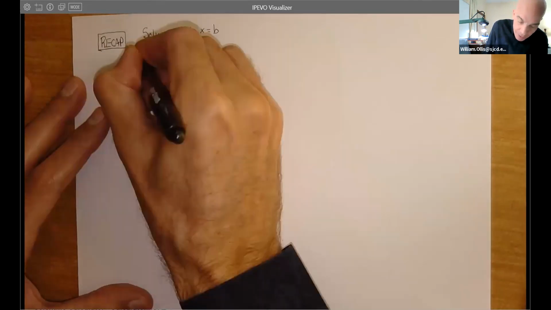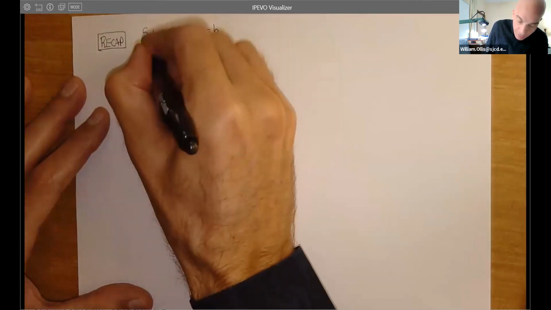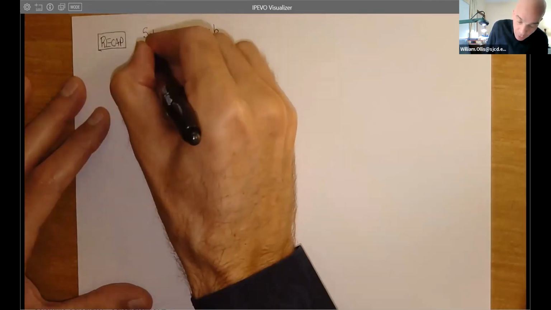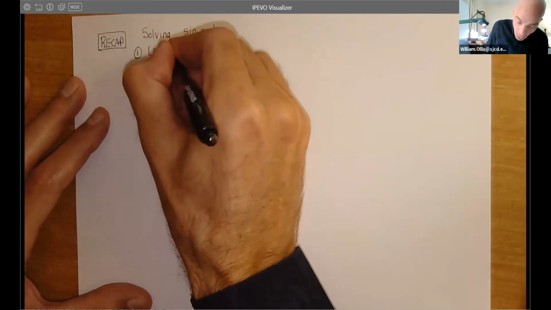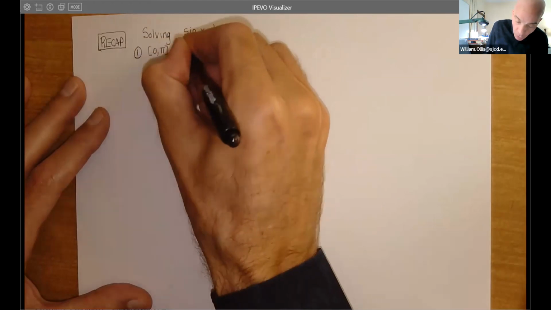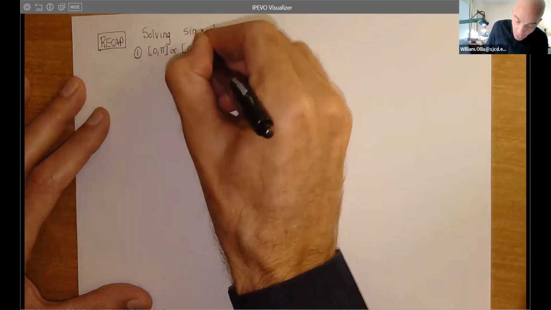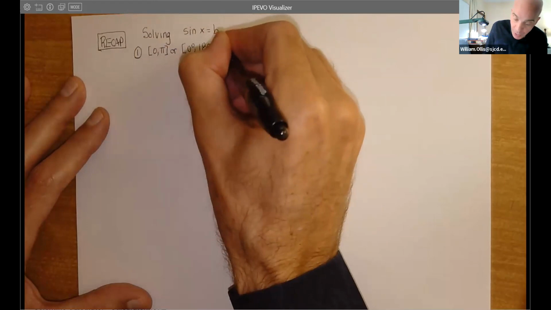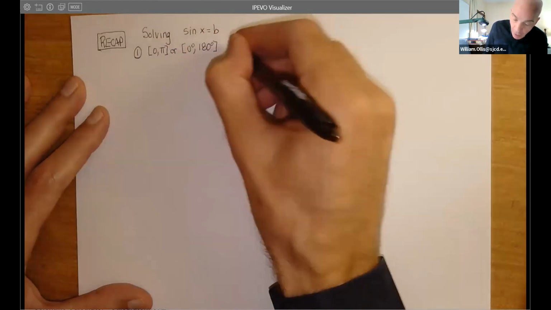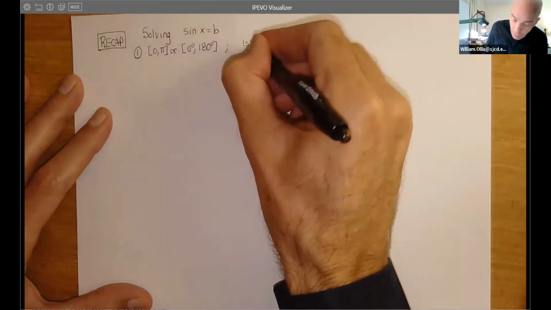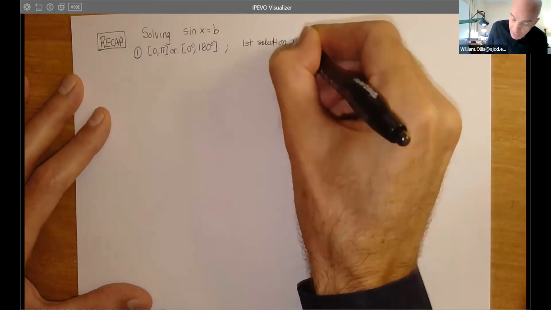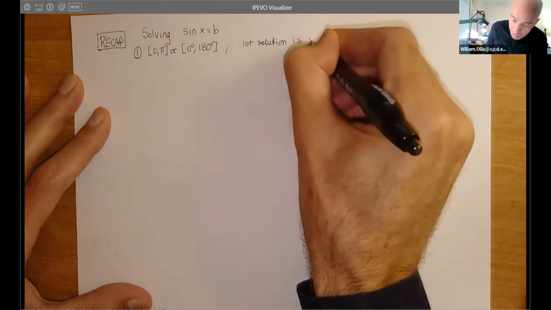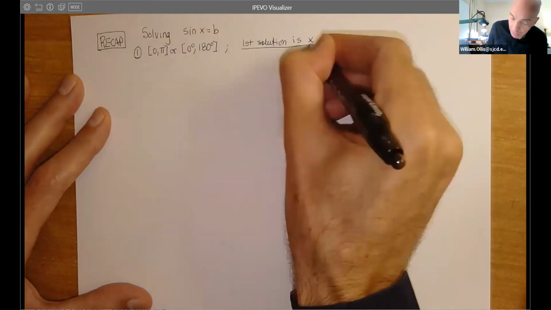And in the first case, we'll have the upper arc. So we'll say 0 to pi, or 0 degrees to 180 degrees. We'll say first solution is x, and we can do the same thing.